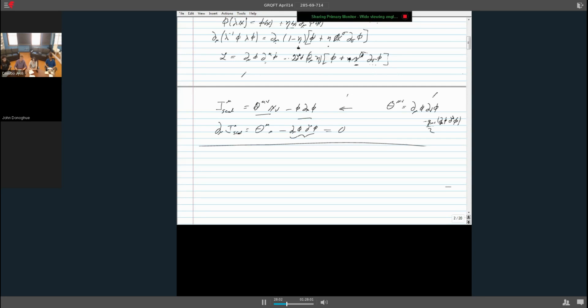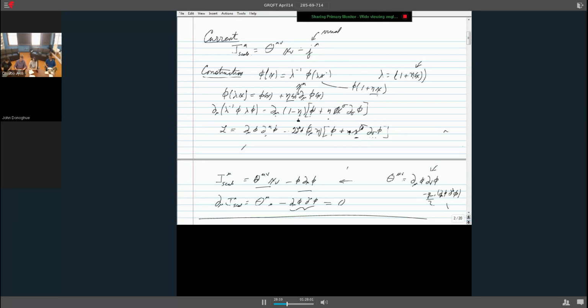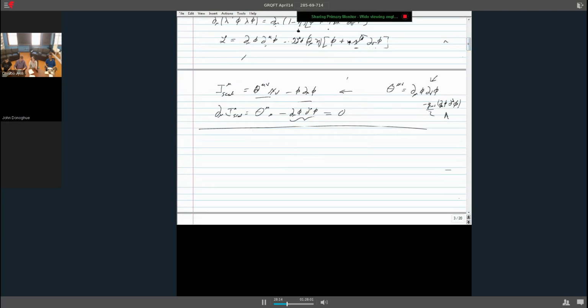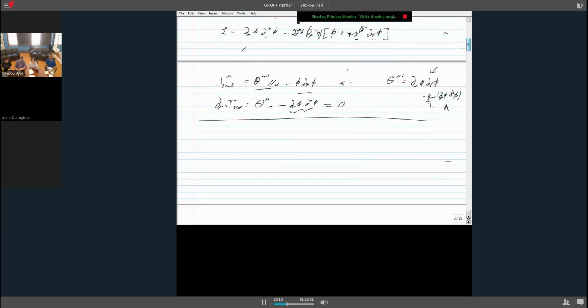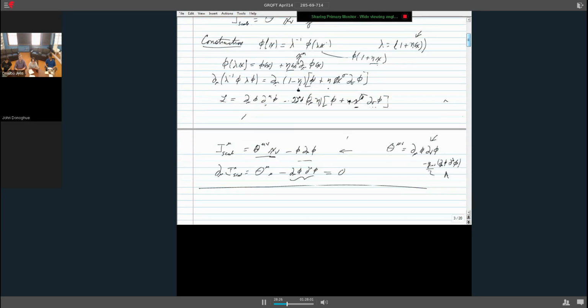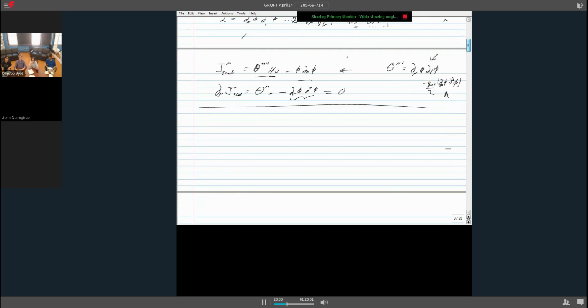So theta mu nu for the scalar field is d mu phi d nu phi, and then there's a minus g mu nu d lambda phi d lambda phi, and that comes with over 2.